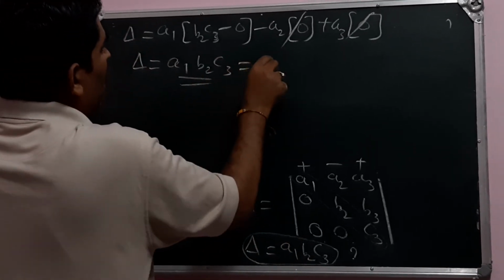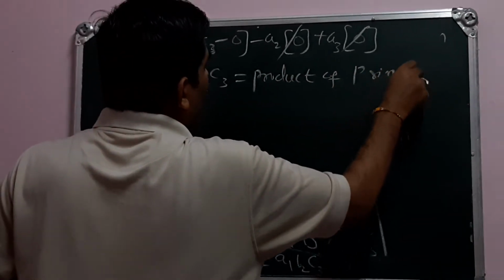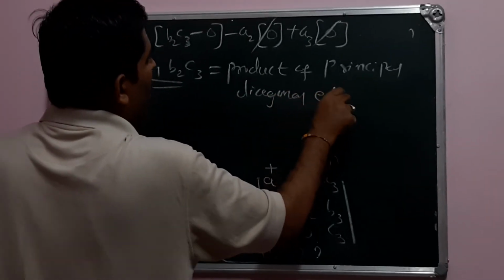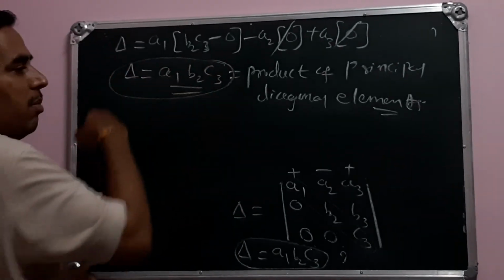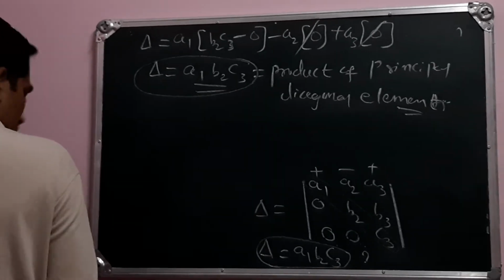This is nothing but the product of the principal diagonal elements. So this is a basic and very simple property.